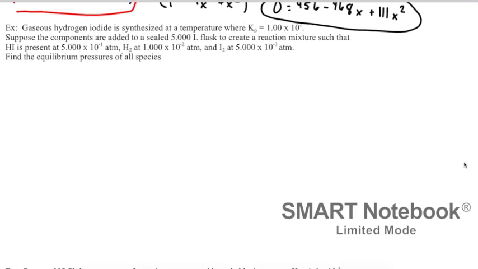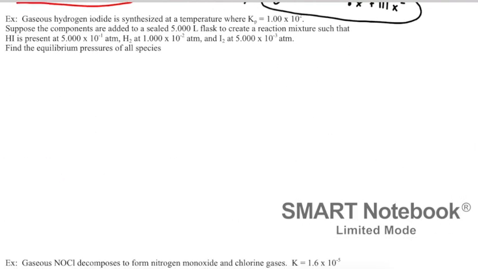Okay, looks like we have 3 more examples. I'm going to try to do these a little bit more quickly. All right, looks like this next one uses equilibrium pressures. And that's totally fine. We can use pressures of gases in our equilibrium expression. It's just a little bit different.